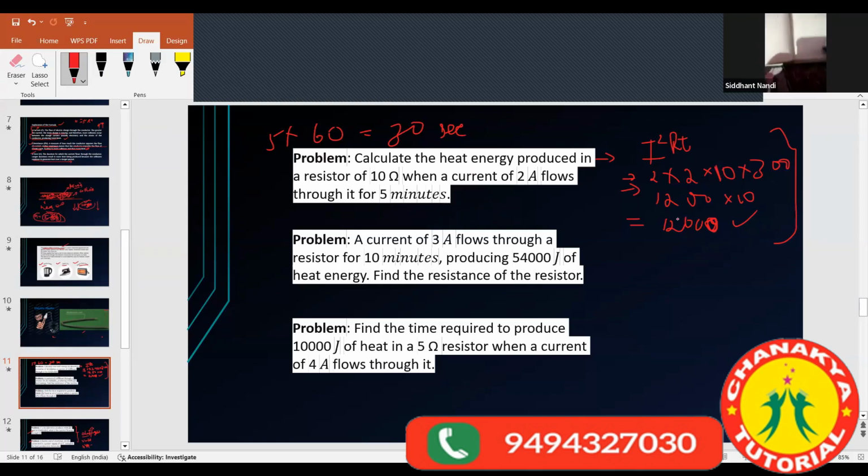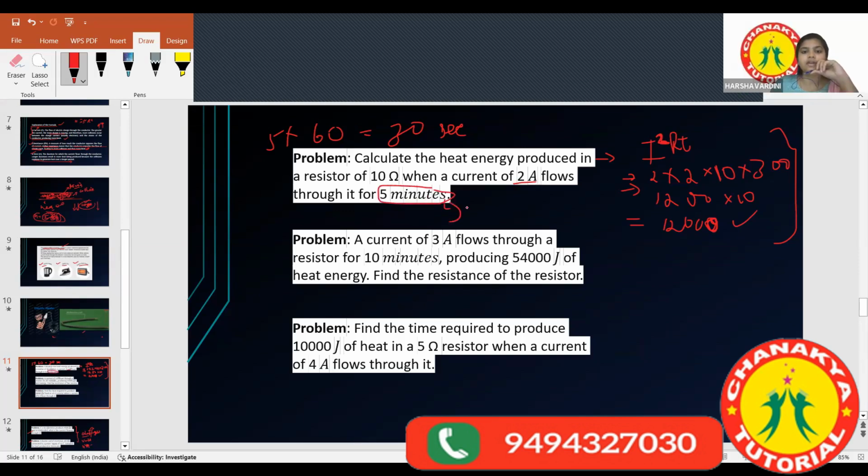The question was given of 2 ohms. So 2 square is 4. So 4 into 10 into 5. So 40, and 40 into 5 is 200 joules. Yeah, it's wrong. You have to convert the 5 minutes to seconds. SI unit of time is seconds, so always convert it to SI unit and then solve it. I told you many times.